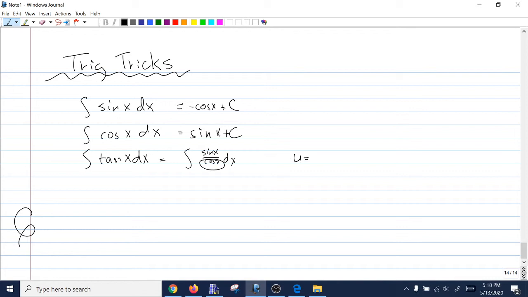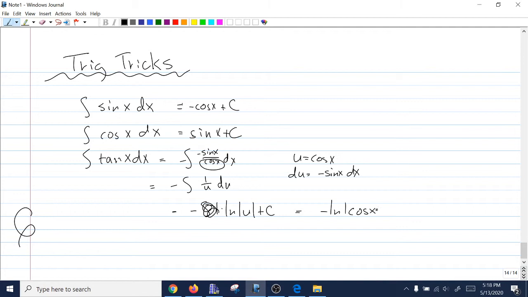I do the u substitution, u equals cosine x, du is negative sine x dx, so negative negative, I get negative integral 1 over u du. That's not an integral anymore, negative natural log absolute value u plus c. It's negative natural log absolute value cosine x plus c.